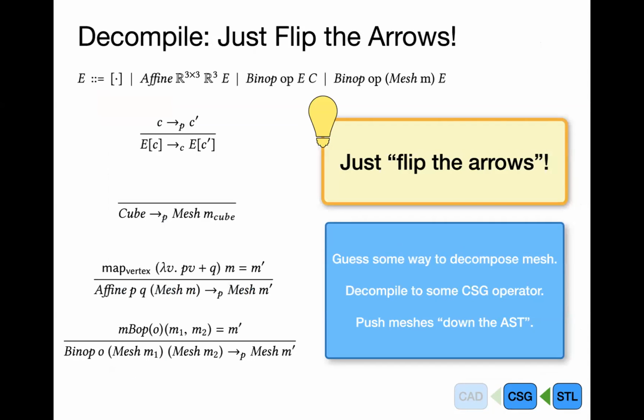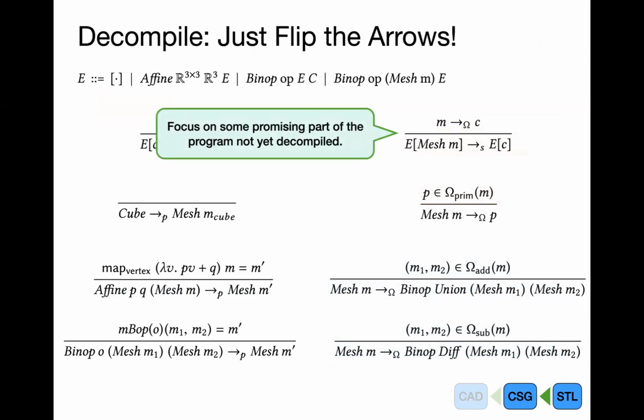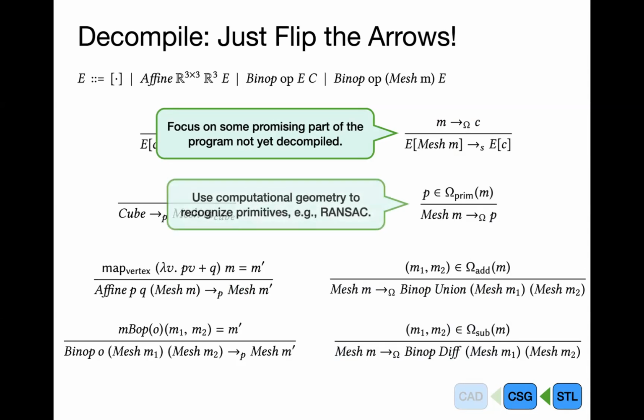And that actually comes out pretty cleanly. We can write down this small step relation for synthesis, and each part corresponds to the inverse of the compilation relation. First you need to focus on some promising part of the mesh you haven't decompiled yet. You need some way to recognize primitives. So if the mesh you have corresponds to some primitive, you just want to produce that primitive.